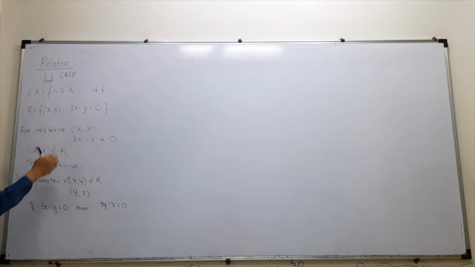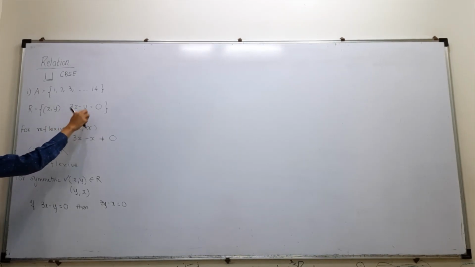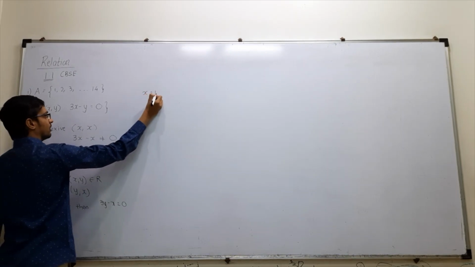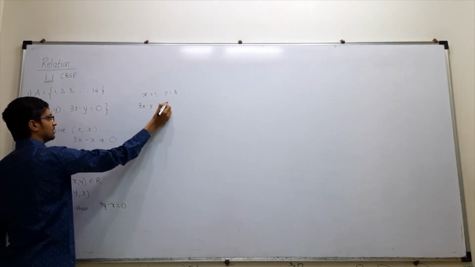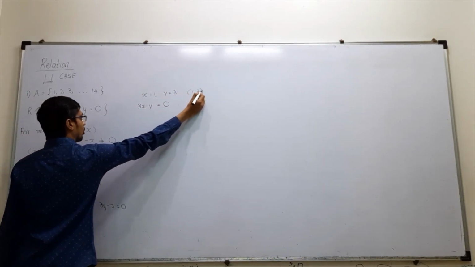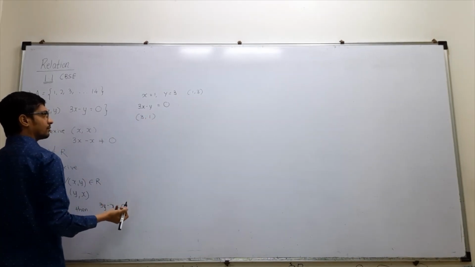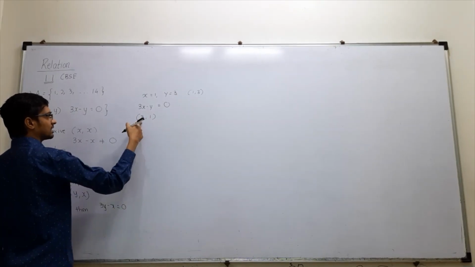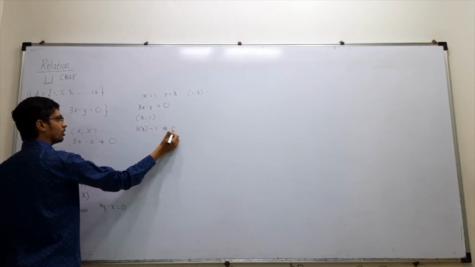You can take examples. If I take x as 1 and y as 3, I'll get 3x minus y as 0. Now I want to check 3, 1. So what will it be? 3 times 3 is 9, minus 1, which is not equal to 0.